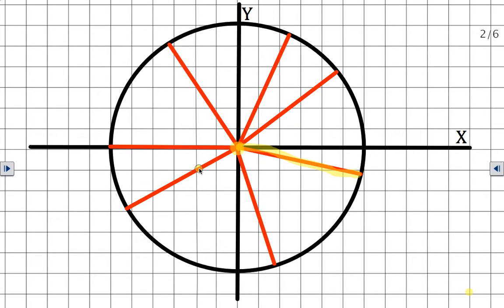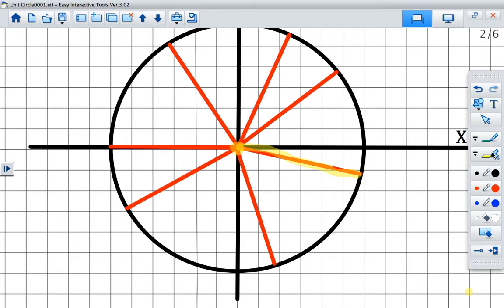Those are all radii of the circle. Okay, so each radius is just 1 unit measurement. It's not in feet, it's not in inches, it's just 1 unit, so hence the name unit circle.